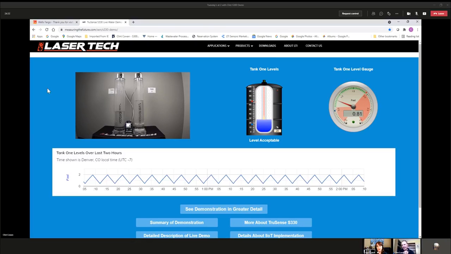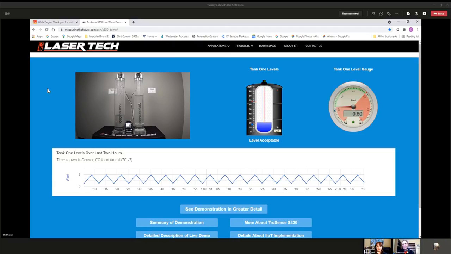Our sensor is a non-contact sensor. We mount it at the top of the vessel, and there's really no limitation. It can go up to 50 meters above the water level and still measure it accurately in many cases. So you can mount it where it's convenient for you to get to it, and it doesn't require a lot of maintenance because it's not making contact with a nasty environment down below.